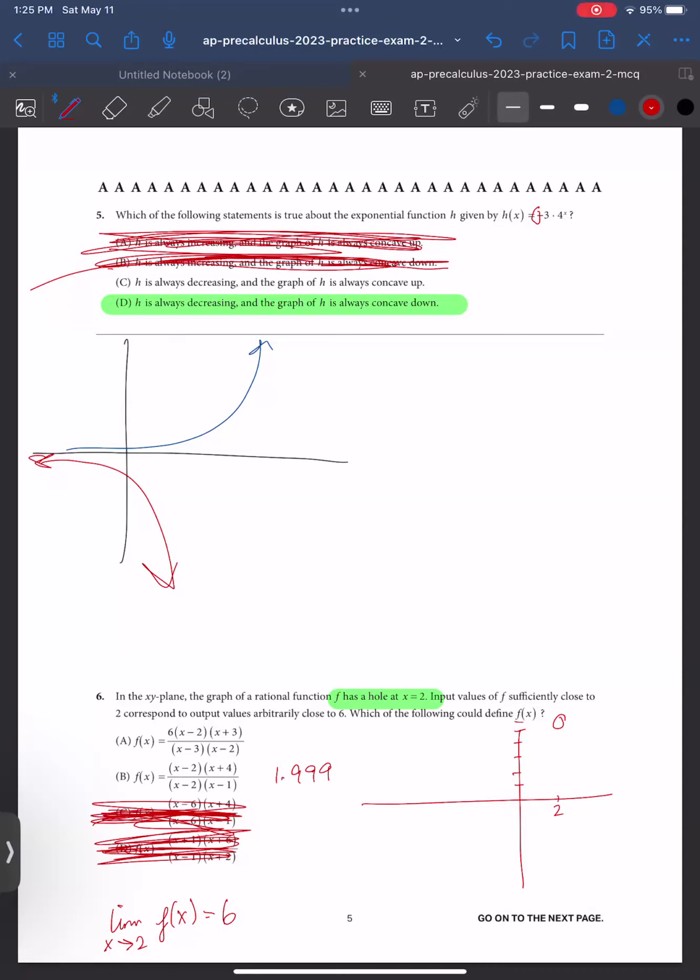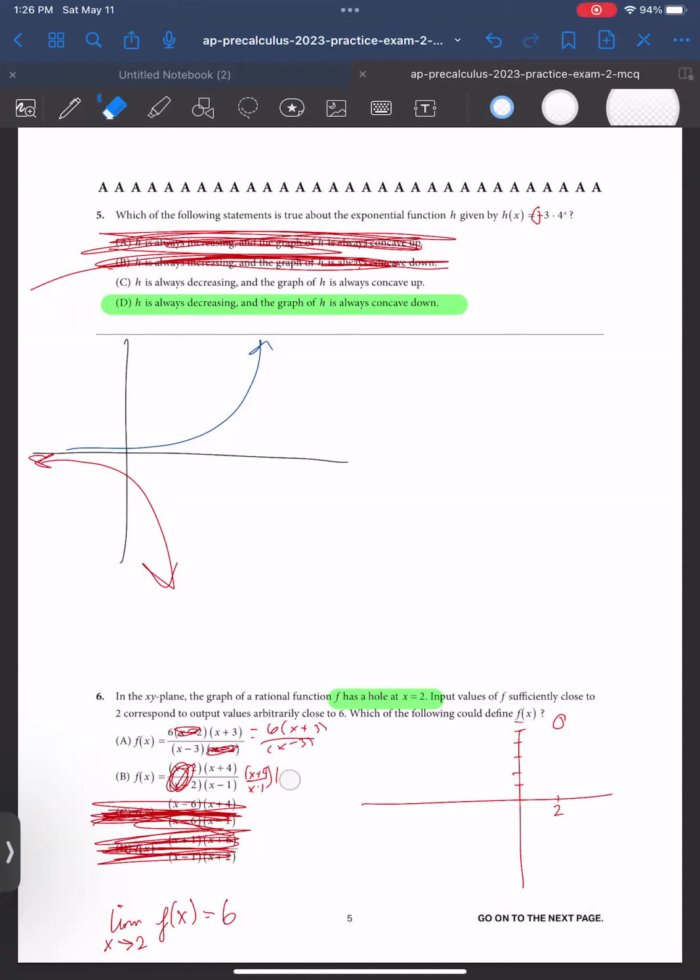Thank you. So I need to figure out how close I can get to 6 using these values. Well, I would ignore my 2 here, and I would solve 6 times (x plus 3) over (x minus 3). And then I would do the same thing with (x plus 4) over (x minus 1). Let's say I don't want to use 1.99.